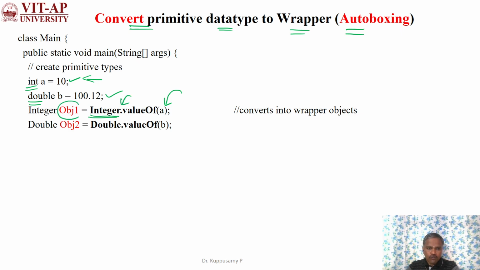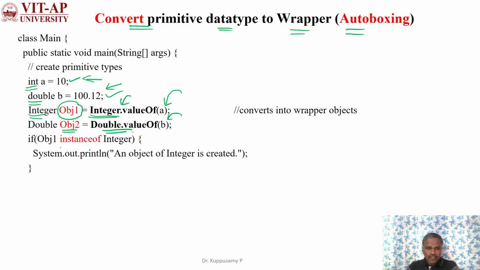That value is stored in the object representing the wrapper class Integer. Then Double is the wrapper class receiving the double value 100.12, and that is stored in object 2.